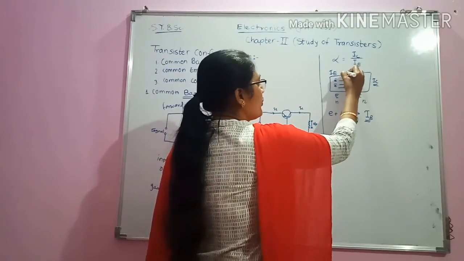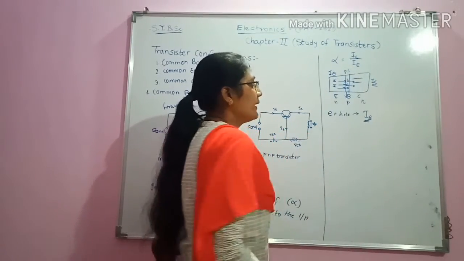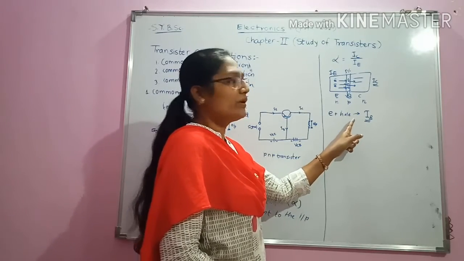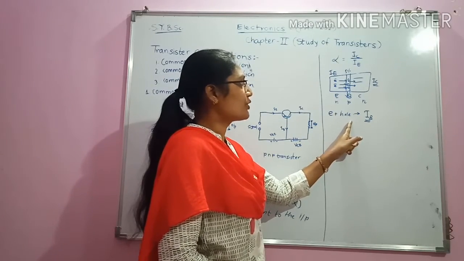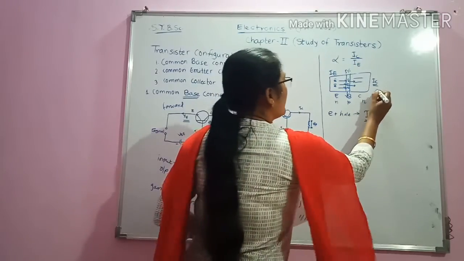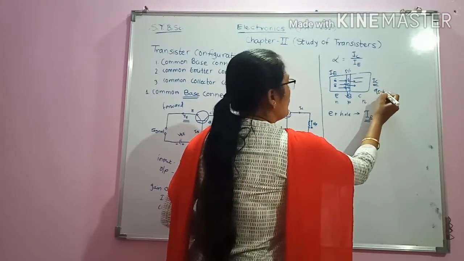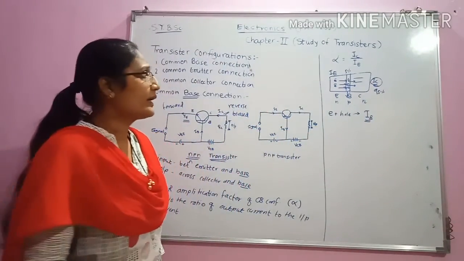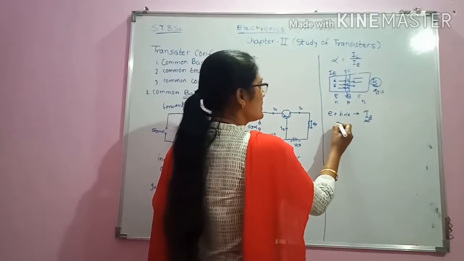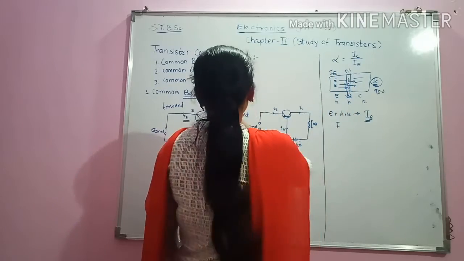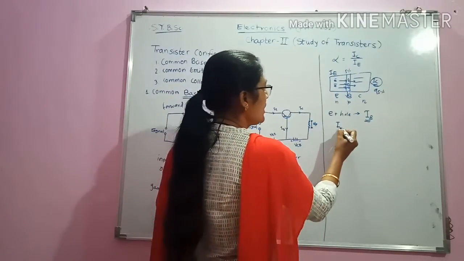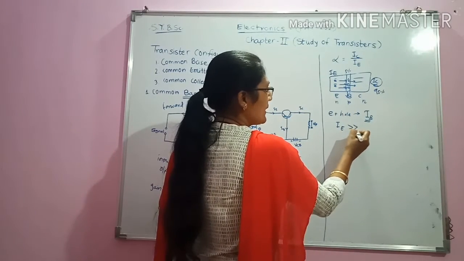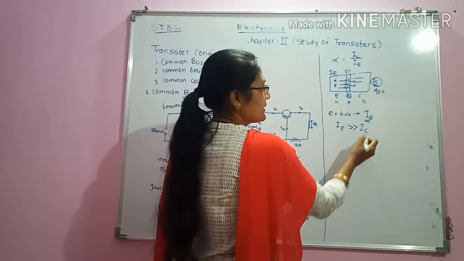About 5% of the electrons will have undergone the recombination process, and the remaining 95% electrons will contribute for IC, and hence you will see that in case of common base configuration, the value of IE is always greater than the value of IC.